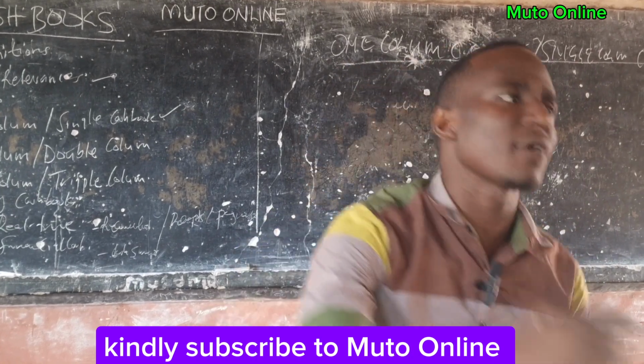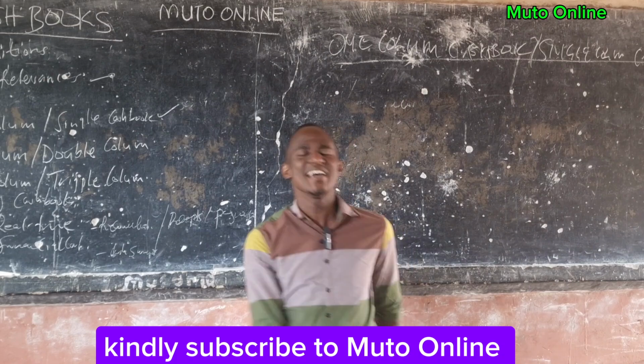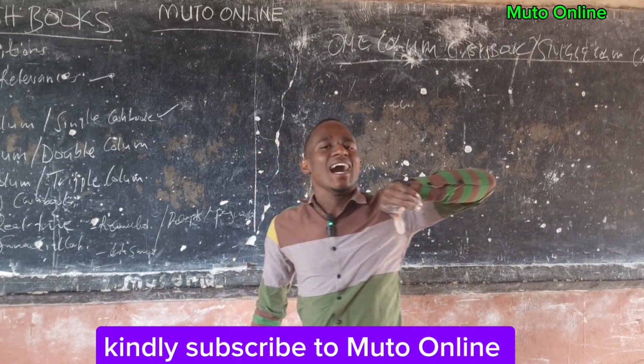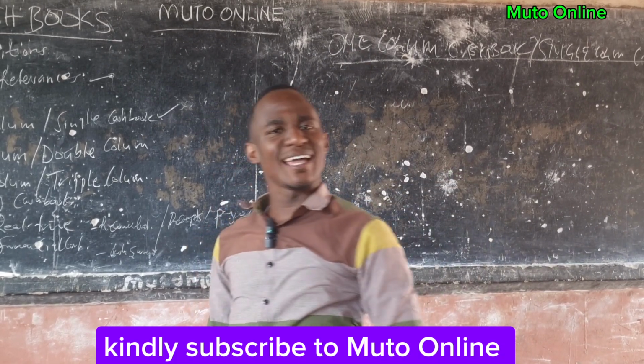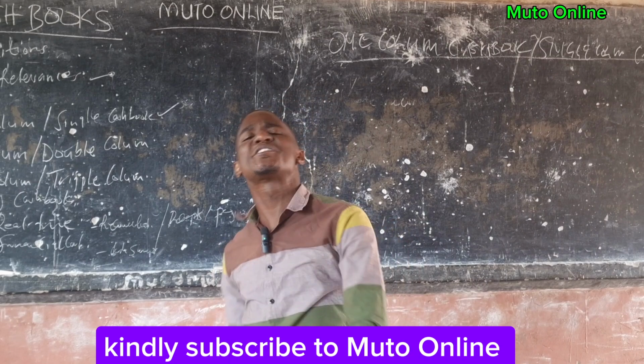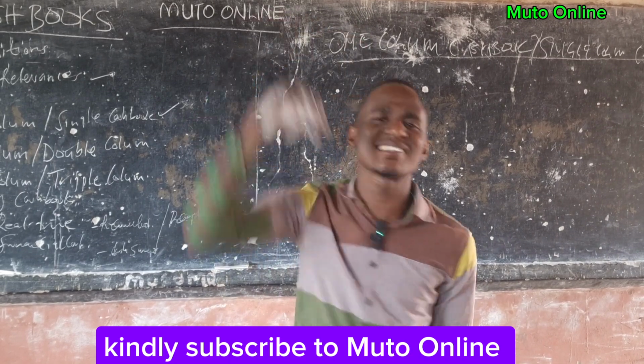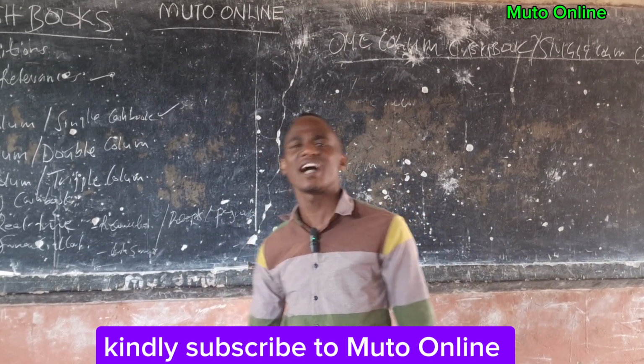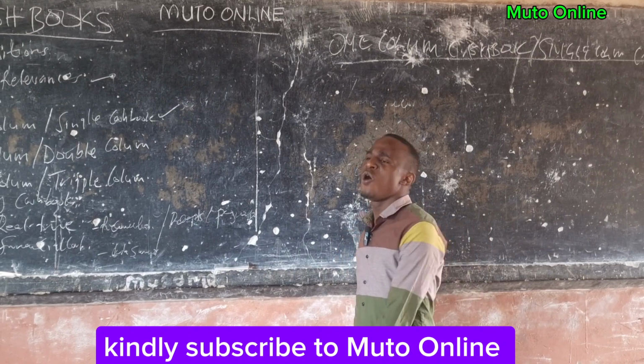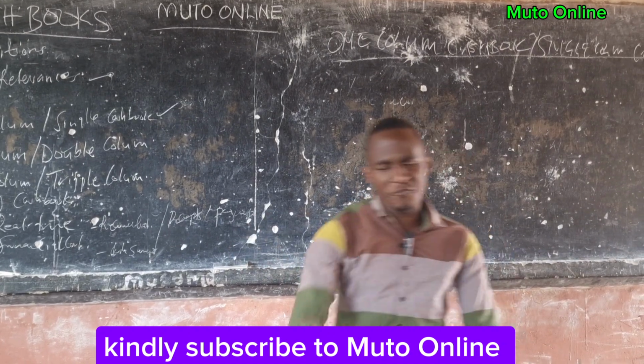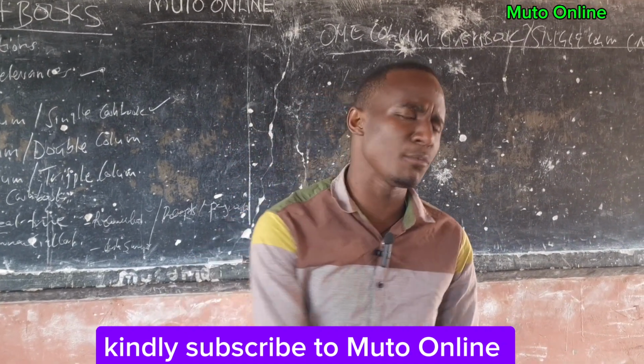What is a one column cash book or a single column cash book? It is that book of original entry that records all cash transactions. All cash transactions. That is how we can define a one column cash book.